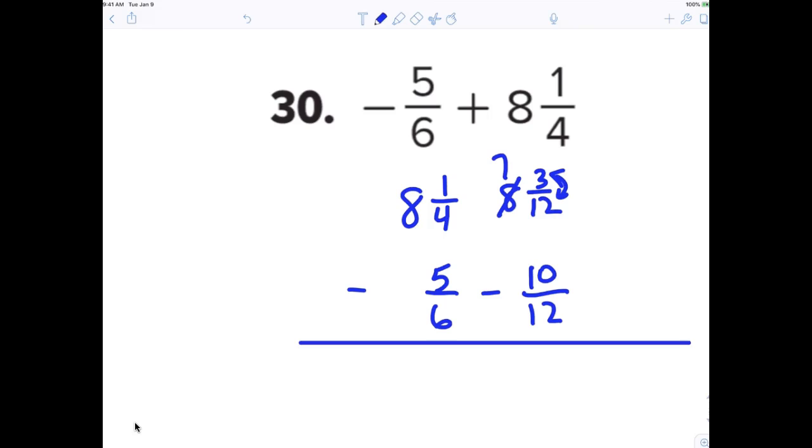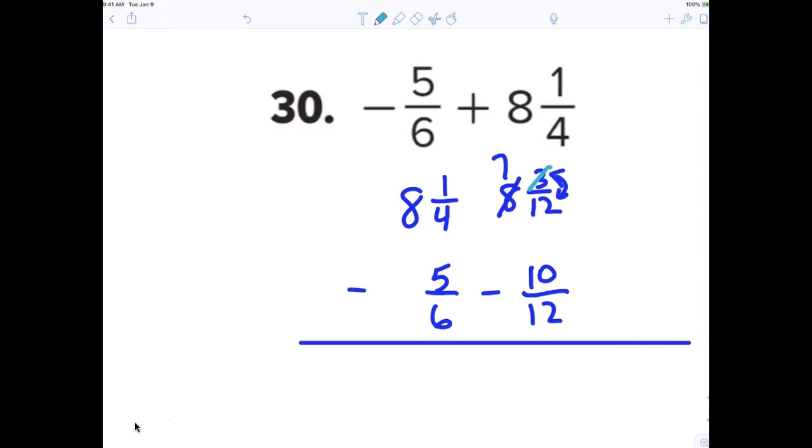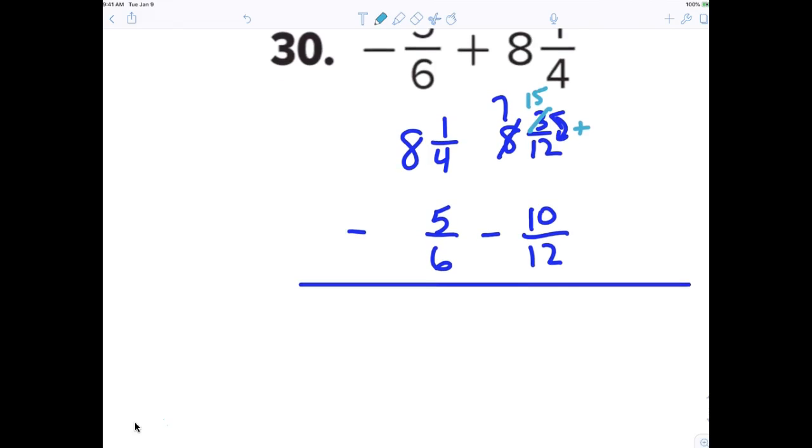So the 3 doesn't become a 13. The 3, I want you to listen to her. The 3 crosses out and becomes a, that is correct, 15. All right? 3 plus 12. You add the numerator and the denominator. Okay? That's the rule. There you go.